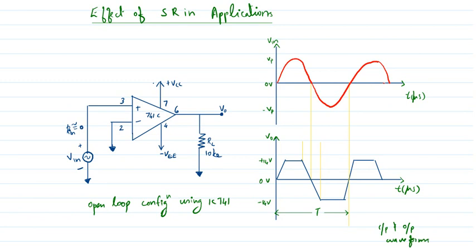I already said that the output voltage here will be 28 volt, and the IC 741 has a slew rate in the range of 0.5 volt per microsecond. Then we can calculate the time using the equation.